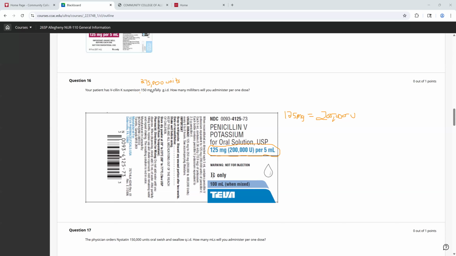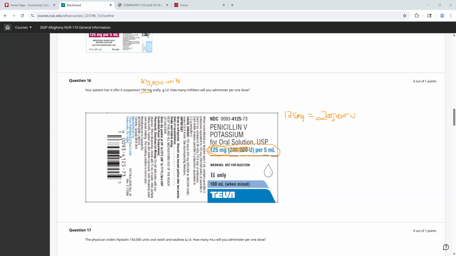But because my order is in milligrams, I'm just going to focus on my milligrams and ignore that. Then it's 125 milligrams per 5 ml. This is one of those questions where students miss it because they're not expecting to see it. So just pay attention and know to ignore the 200,000 units. That's just telling you it's an equivalent dosage.